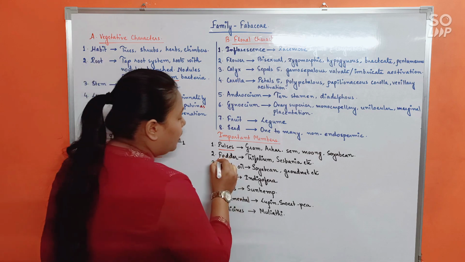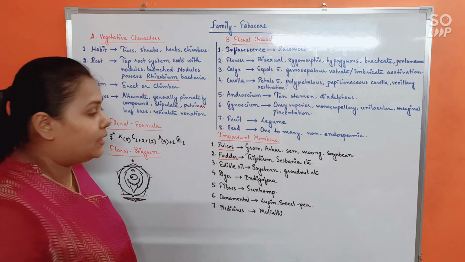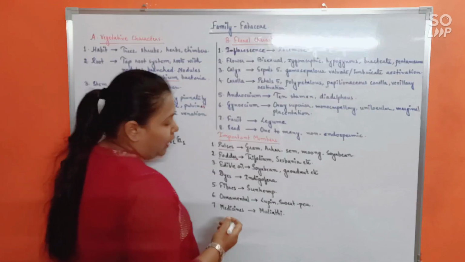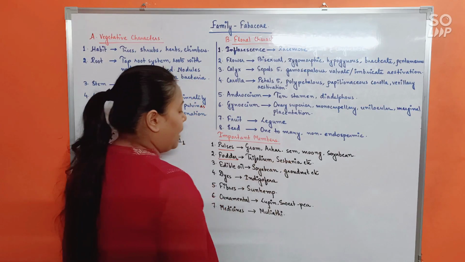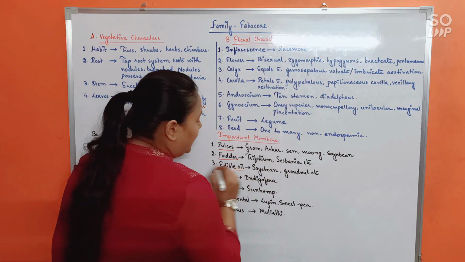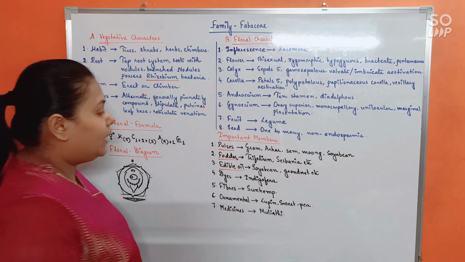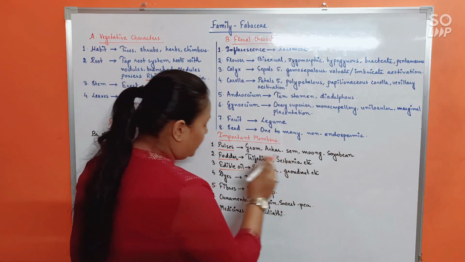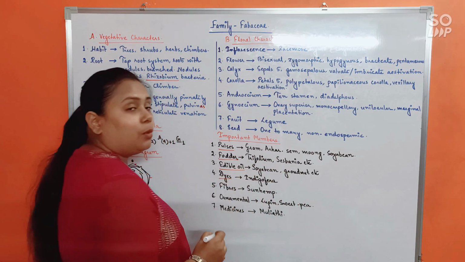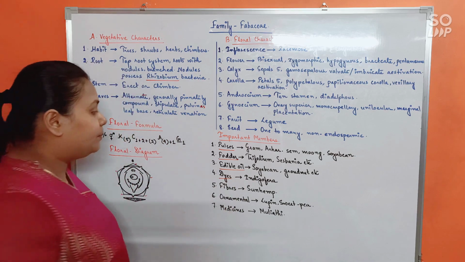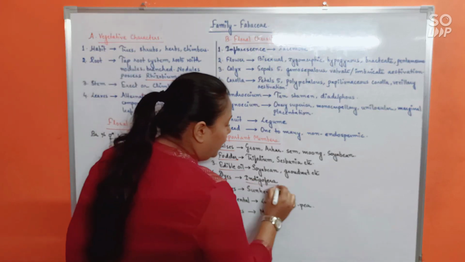Likewise, fodder, that is animal feed. There are 2 types of fodder as well, like trifolium and sesbania. Edible oil: soybean and groundnut. Dyes, from where you extract color, that is indigofera.